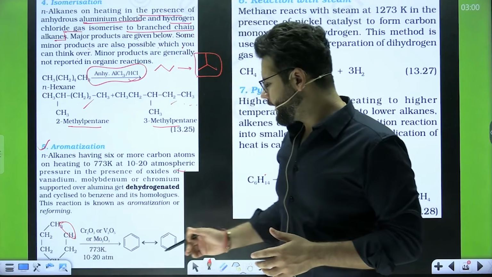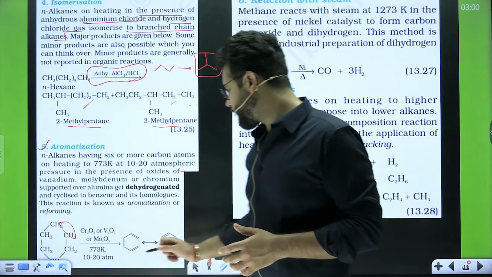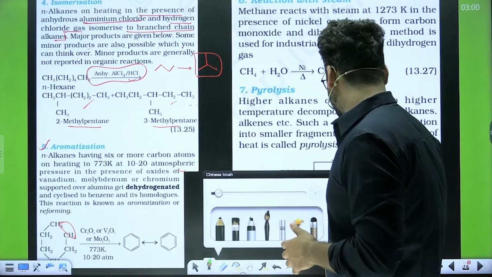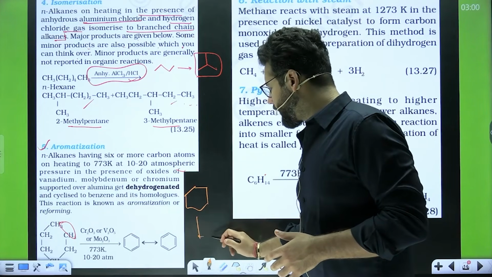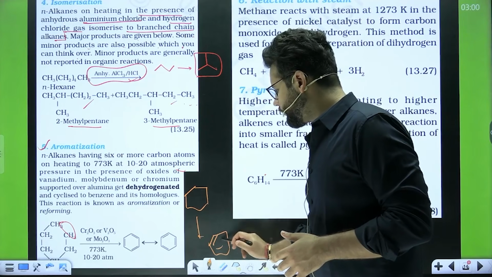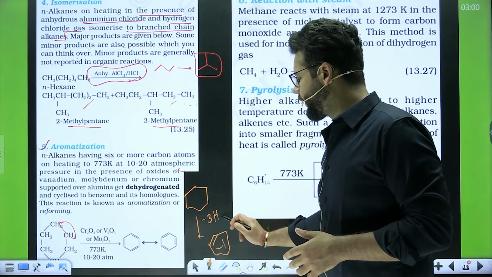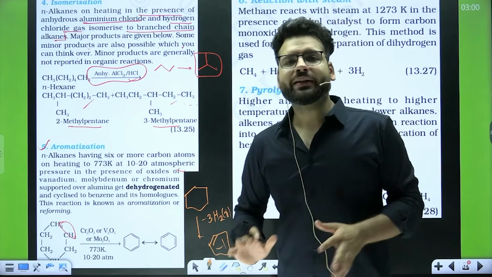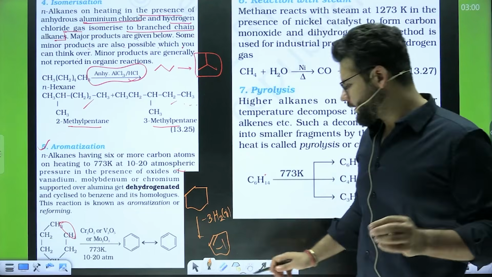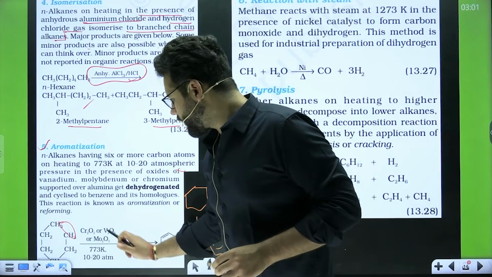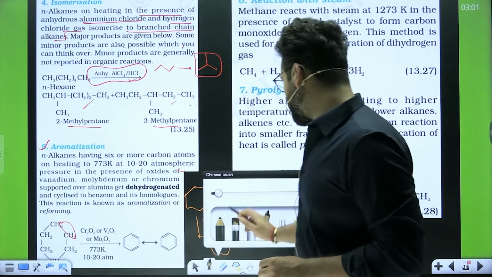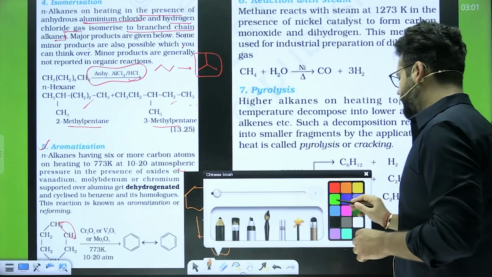And further, if I remove 3 more moles of hydrogen gas from cyclohexane, it can convert to benzene, which can be carried out in the presence of a few catalysts like aluminium oxide is a must, Al2O3, and also in the presence of oxides of some d-block elements.